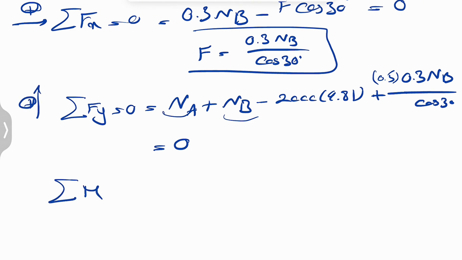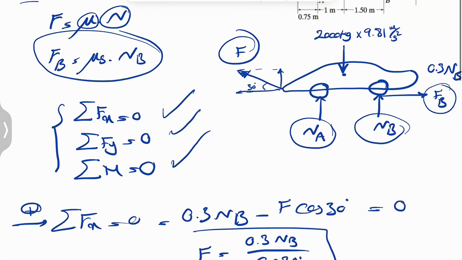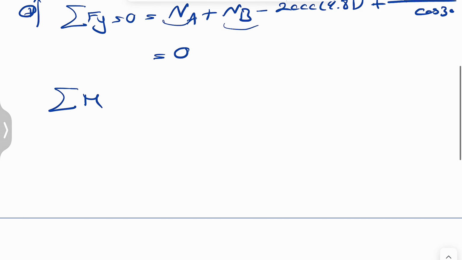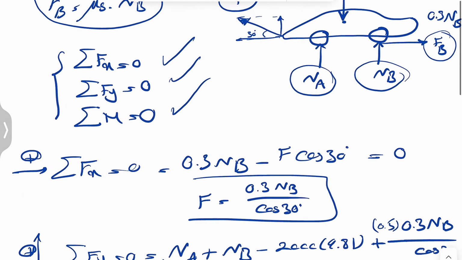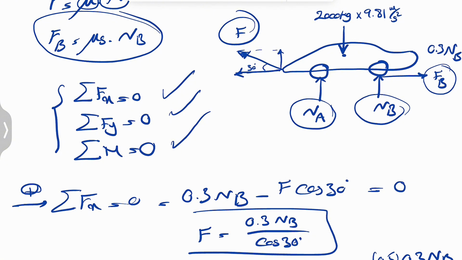And the last one is the moment equation, which we can do about A or B. It really doesn't matter because at both points we're going to have the same unknown removed. So let's just do A, counterclockwise positive. We have the moment of the F, which we divided into 2 components: F cosine of 30, and the other one, F sine of 30 degrees.